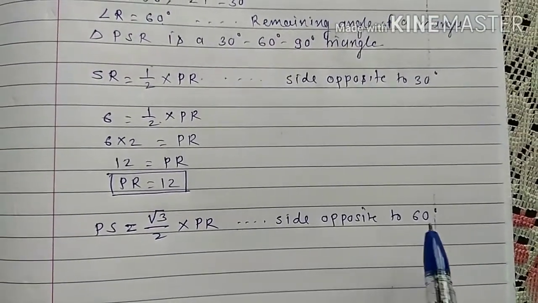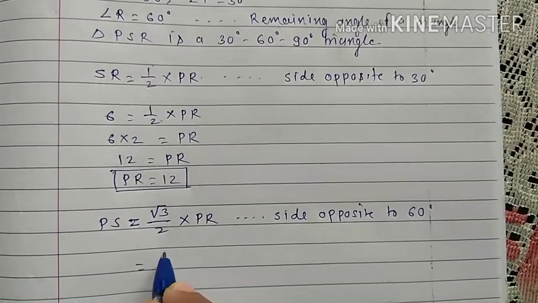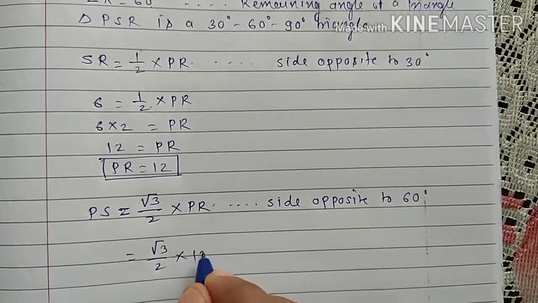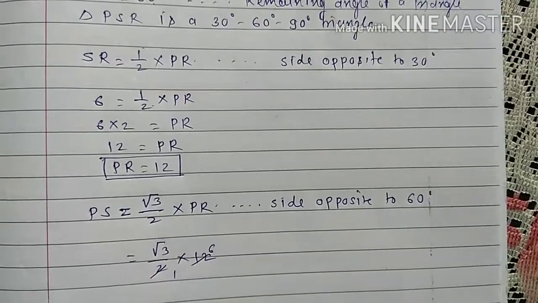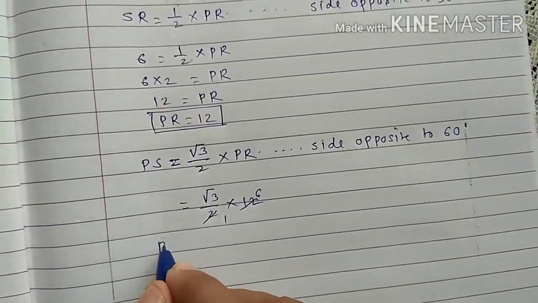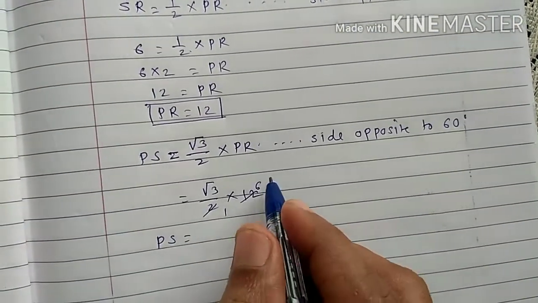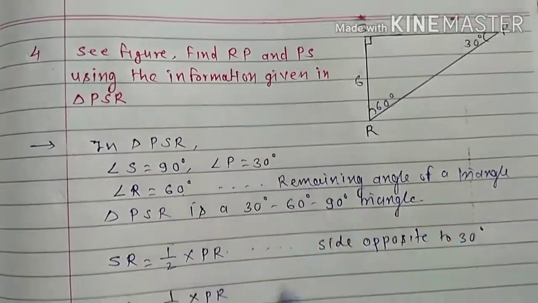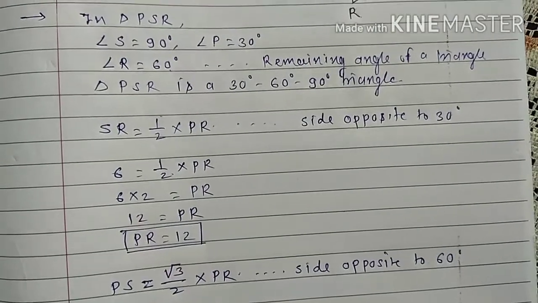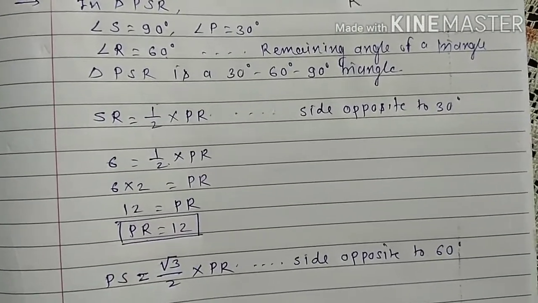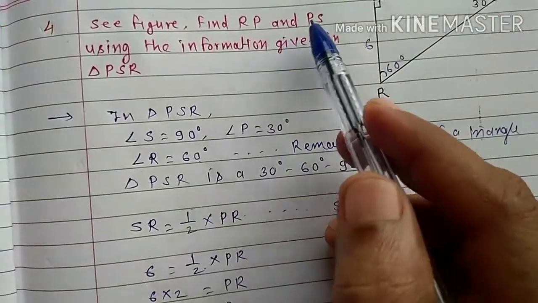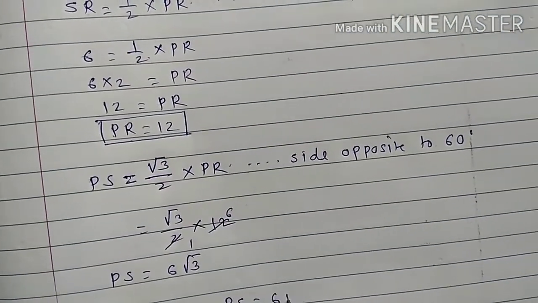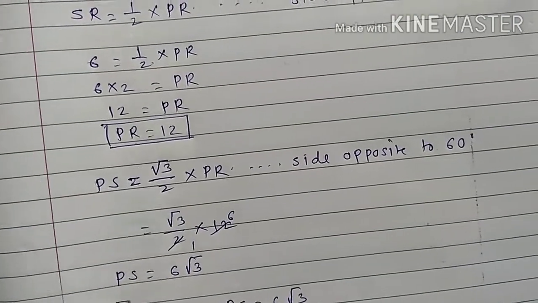So root 3 upon 2, PR is 12, 2 sixes are 12. So therefore PS is equal to 6 root 3, and therefore PR is equal to 12 and PS is equal to 6 root 3.